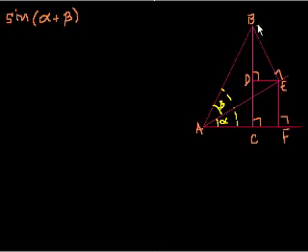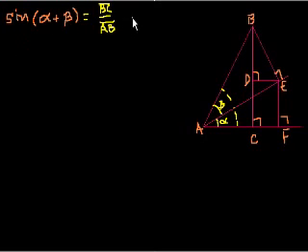If we use this right triangle, triangle BAC, opposite is BC, so that equals BC over the hypotenuse, AB. Right? BC over AB is the sine of alpha plus beta.